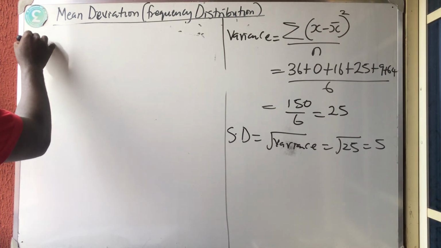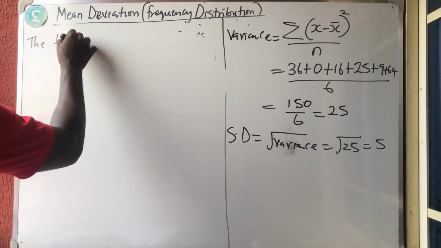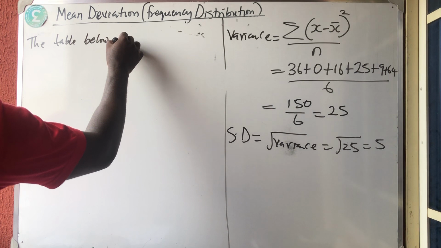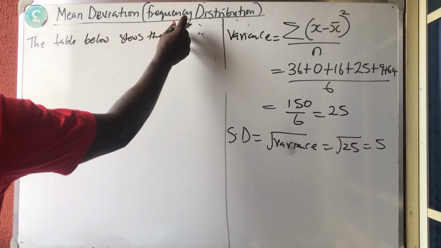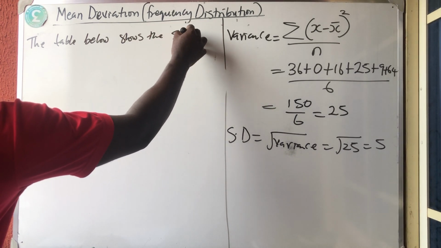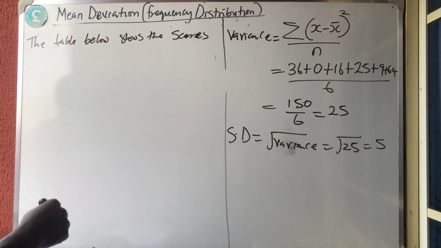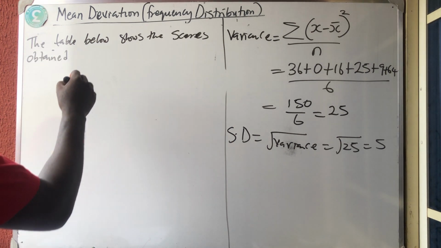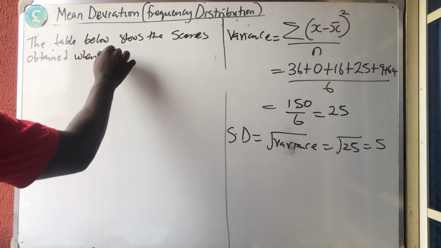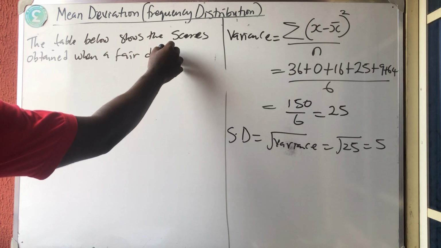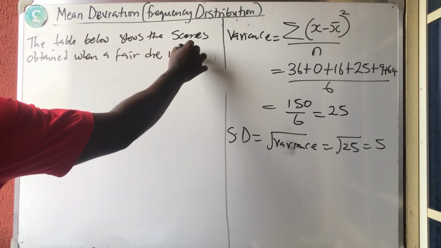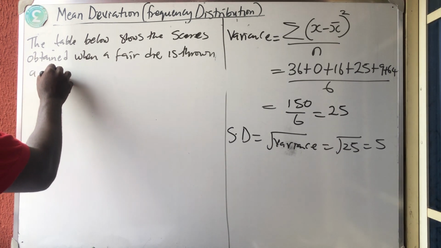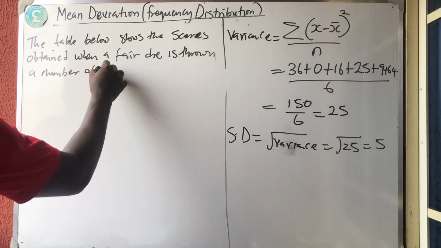They say the table below shows the scores obtained when a fair die is thrown a number of times.